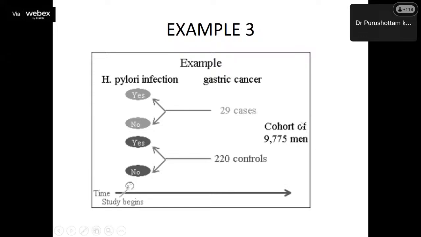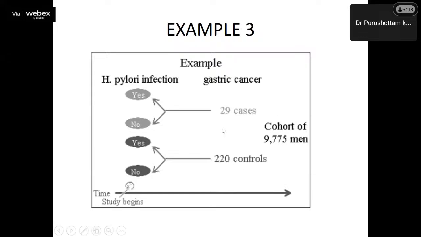At the start of the study, the investigator collected the blood sample of all the 9,775 men and froze it in the freezer. Now, after 5 years, they checked the cancer register, what we call the cancer register, and they found there are 29 cases of gastric cancer.